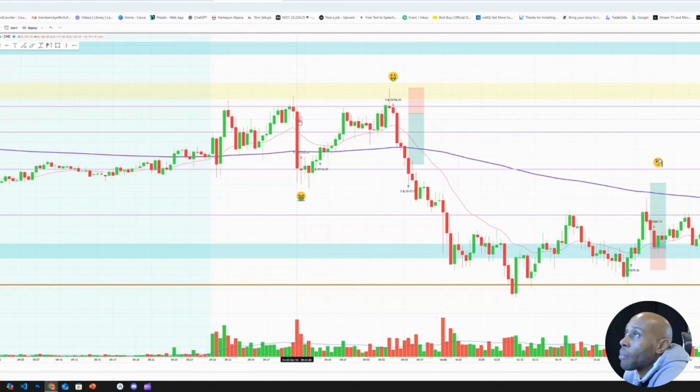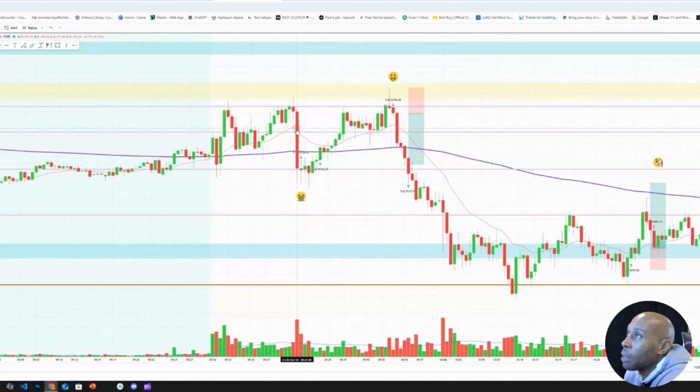I hesitated, and I got in the trade once it broke this purple line, which is the 200 EMA on my 30-second time frame. So with this red bar, the price moved very quickly. This is 30 seconds for each bar.